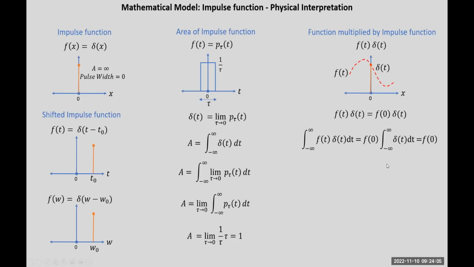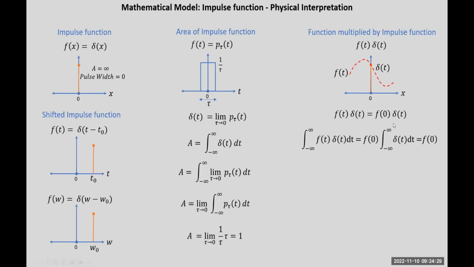Now the previous one was a multiplication process. The second one is, if you multiply and integrate, what will happen? You can substitute the previous relation in this expression and you'll find it simplifies to f of 0 times the integration of delta t, and we already know the answer, it is 1. So you'll get f of 0.